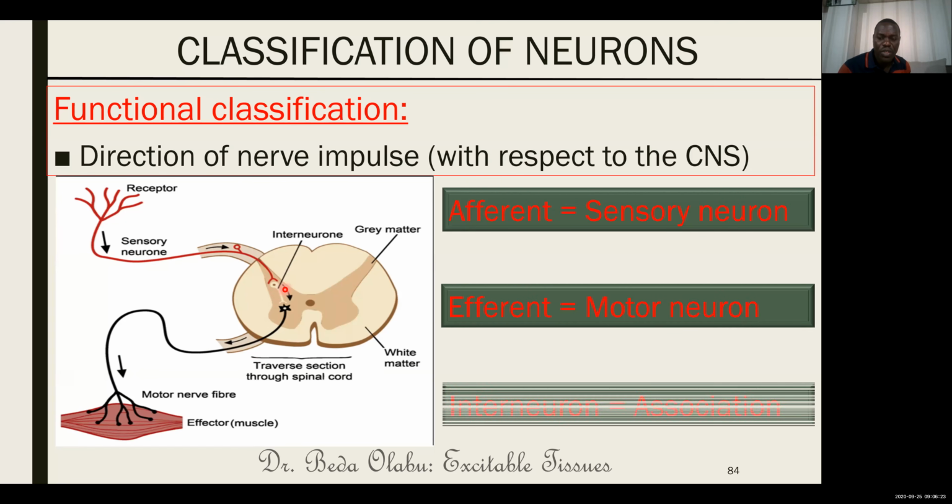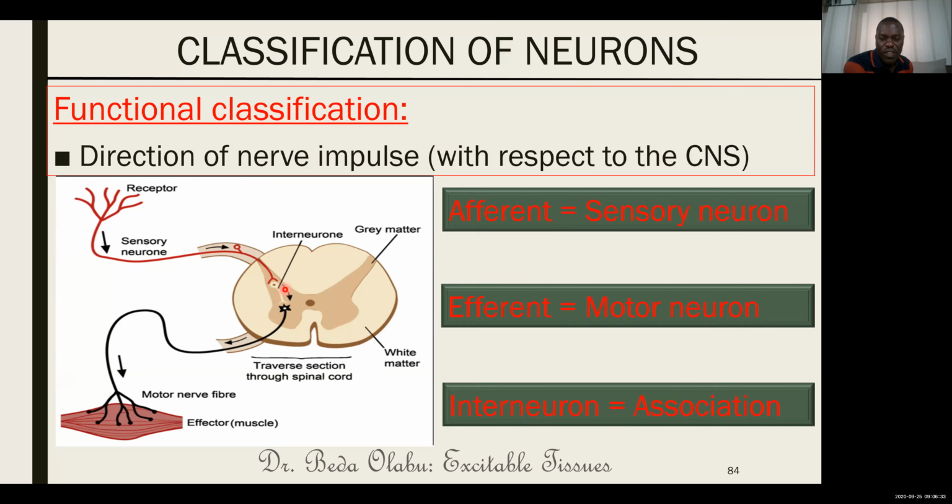An interneuron is also known as an association neuron, a neuron that joins two or more neurons within the central nervous system. That is how we classify neurons functionally.